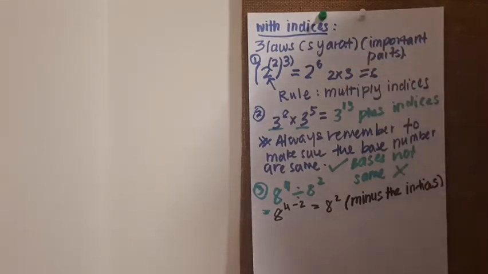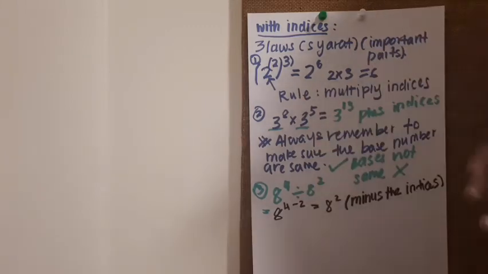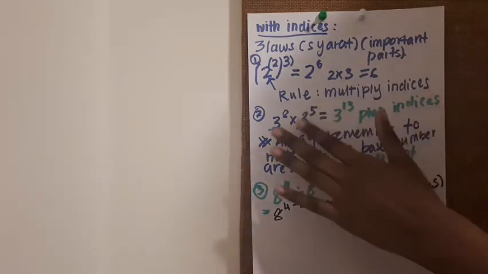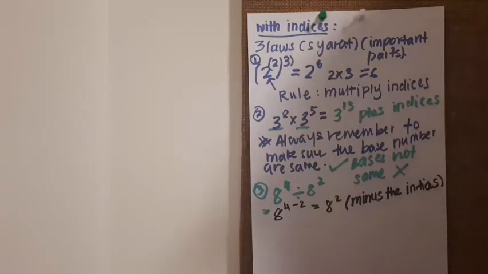Okay, multiplying indices. When you're doing multiplication or division, make sure the bases are the same before you start your process. So if you do the multiplication, it's going to be plus. How to remember? Remember like this. Times, if you invert it, it will become plus. So which means you have to plus the indices.